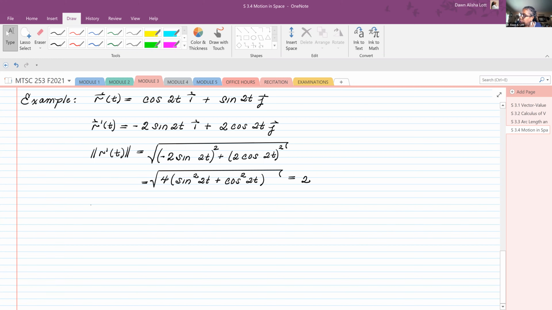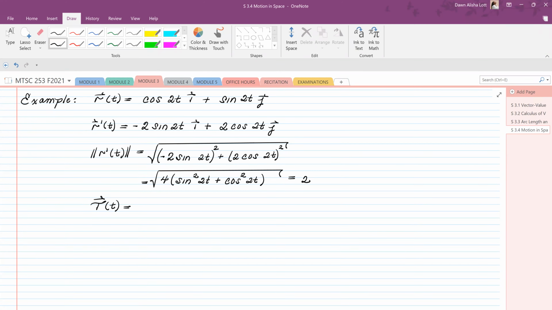So what is the unit tangent? How do you compute the unit tangent?